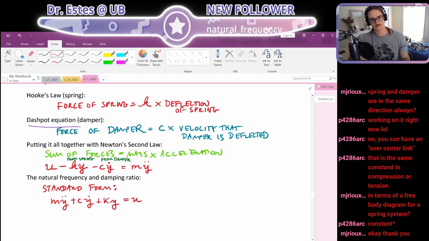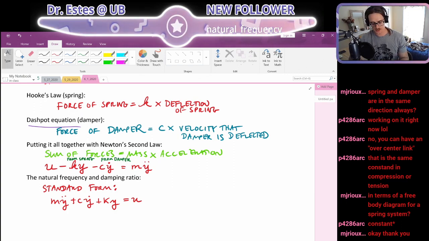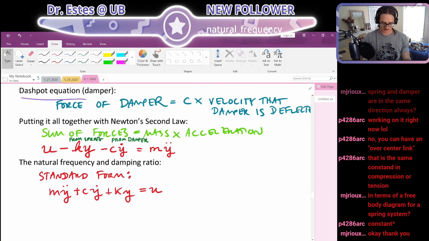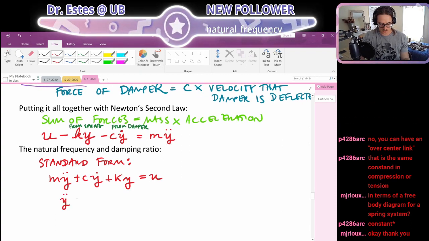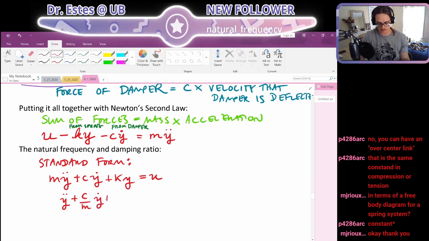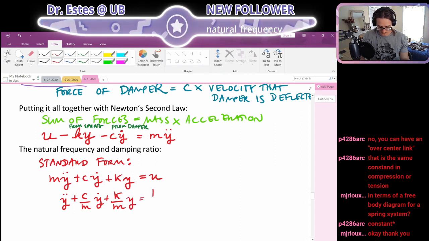Equals U. Now, with this extra U term, this is not a homogeneous equation right now. But that's okay. We can still figure out what the damping ratio and all of that is. So now I'm putting it in the standard form. So that's 1 over m U.